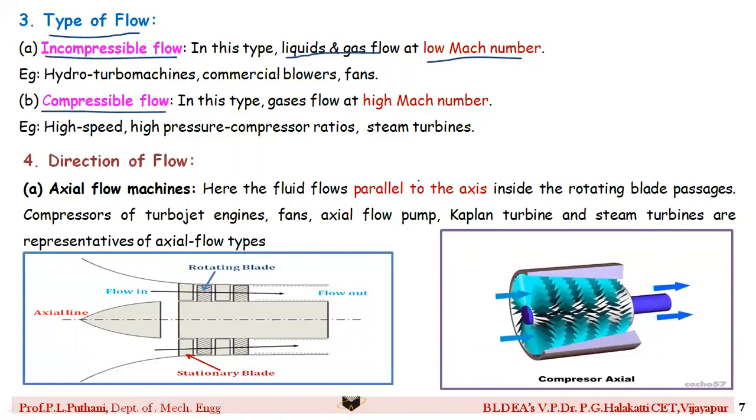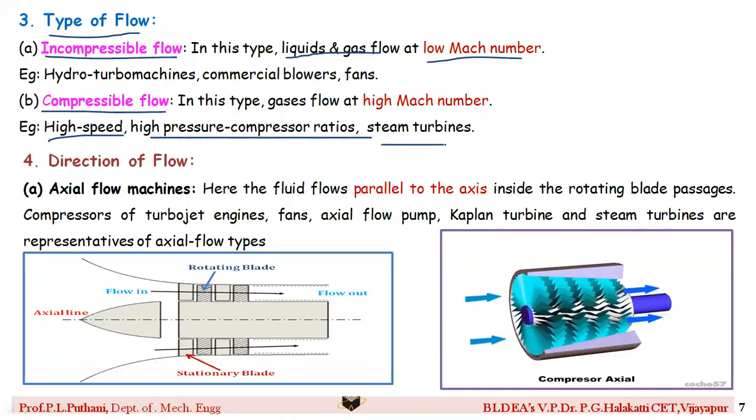For a compressible flow, the gases which have a high Mach number, we consider compressible flow conditions. Examples are high speed or high pressure compression ratios, especially used in steam turbines and gas turbines.